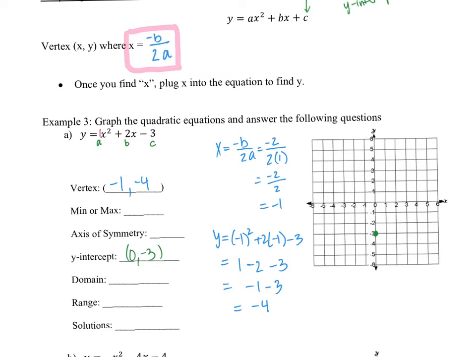All right, so once we get our vertex, let's go ahead and plot it. Our vertex is at -1, down 4, which would be right here. Now keep in mind, it might help to make sure when you plot the vertex that you put a little V there. The reason I say this is because sometimes my students forget that this is the vertex, and the vertex is the middle of the parabola.